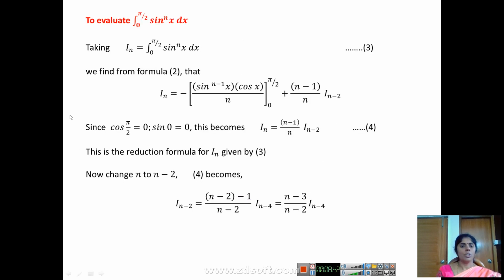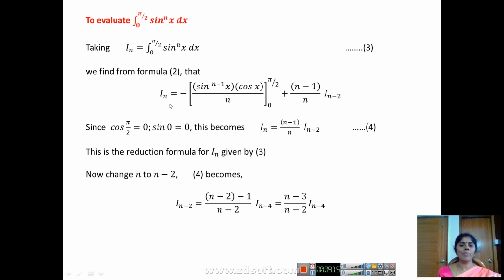So to evaluate our definite integral for the same function, same integrand, that is integral 0 to pi by 2 sine to the power n of x into dx, consider In equals integral 0 to pi by 2 sine n of x into dx, which is a definite integral, and already we have got the reduction formula for the indefinite integral, that is In equals integral sine to the power n of x into dx.